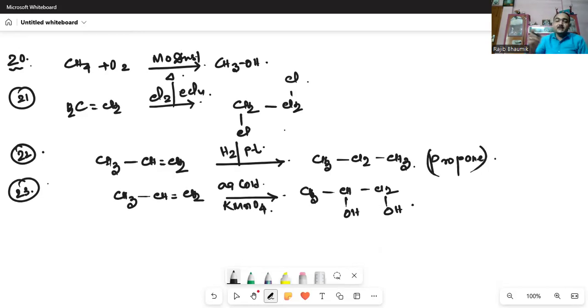You can write it as an IUPAC name, or you can also write it as a pet name. The pet name will be propylene glycol. As whenever ethylene is treated, it produces ethylene glycol, when propene is treated, this will produce propylene glycol. Okay. Number 24.